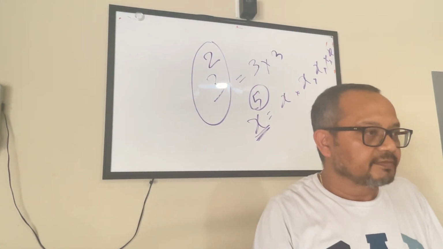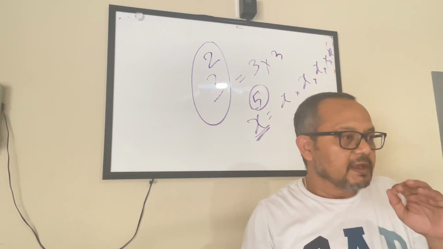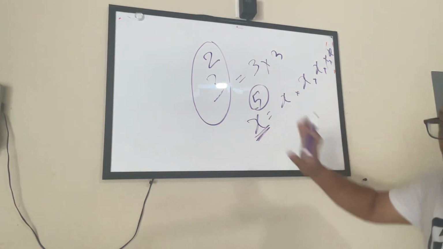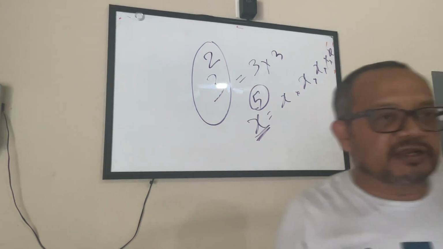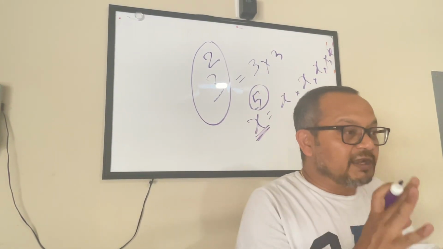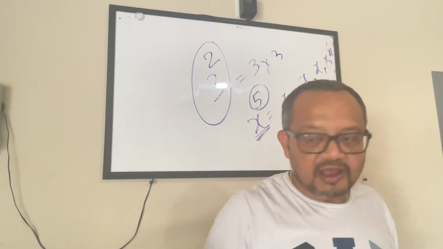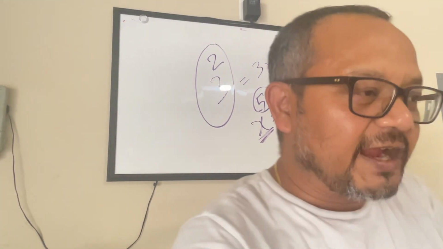Everybody with me so far? We know what is exponent? Now, when you say rational exponent, meaning exponent where the power is a rational number. So, now let's look at what would be a rational exponent then.